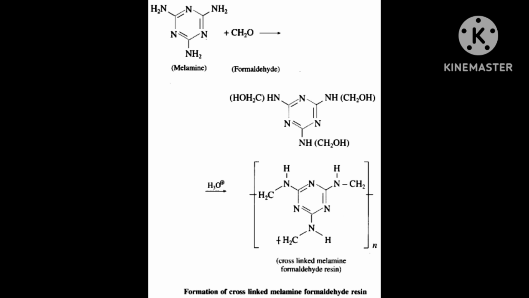H and OH will react and go as water, and that CH2 carbon and the benzene ring, that positive carbon, both will join everywhere through CH2. Then both chains will make links, that is called cross-linking.